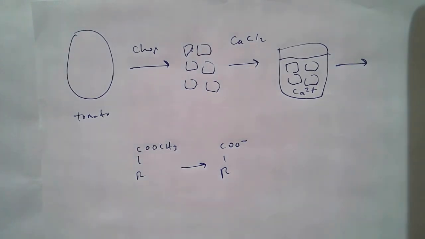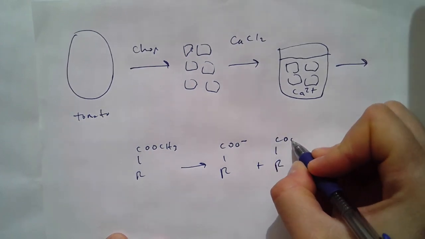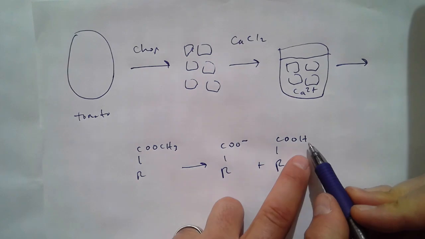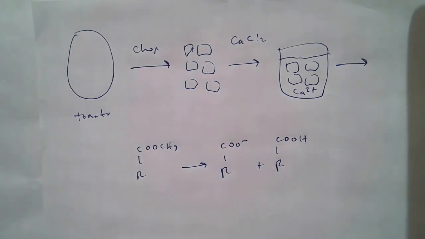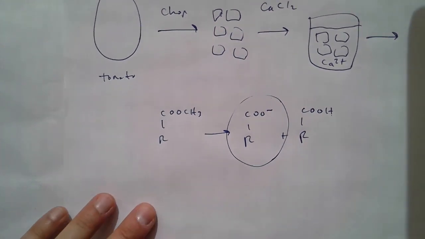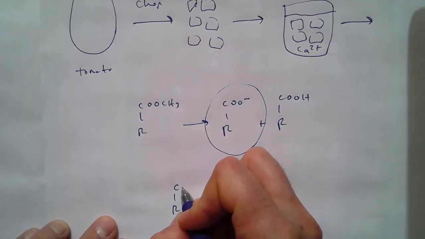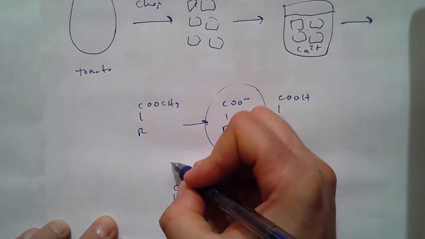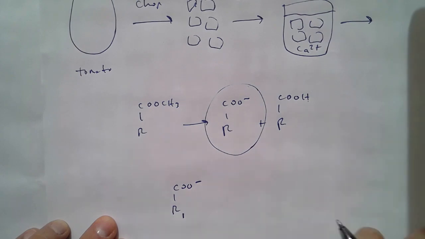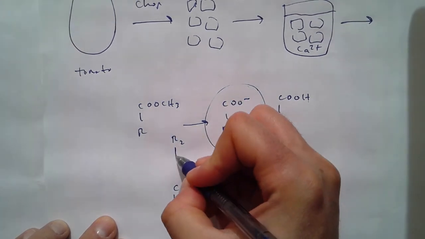And under the conditions, it's going to be this plus a certain fraction of this, so the protonated version and the dissociated version. Under the conditions that we're working here, we're going to mostly have this species. And what's happening is that here's one pectin molecule, here's another pectin molecule.